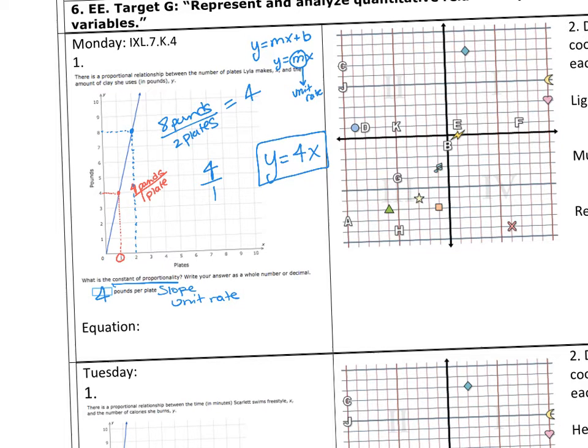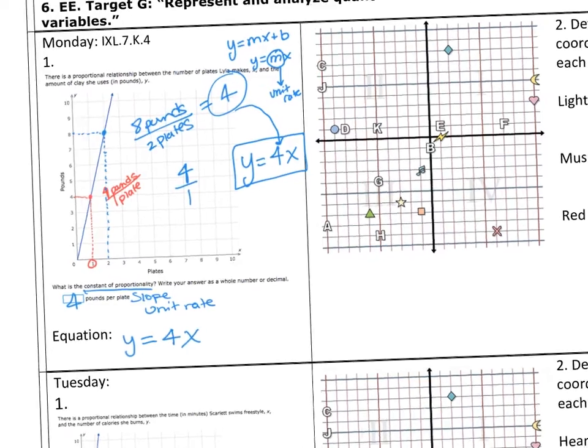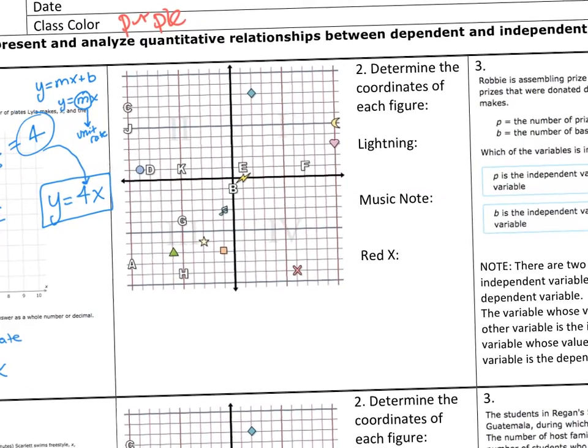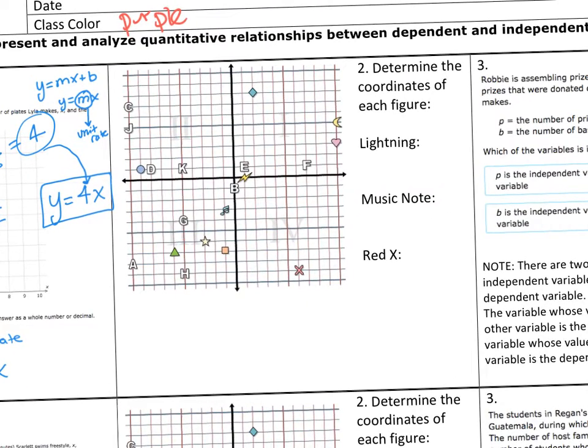So here we found our unit rate, which was 4, and that's why I just plugged it in right here. So the equation is y equals 4x.